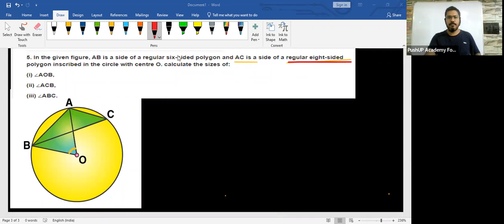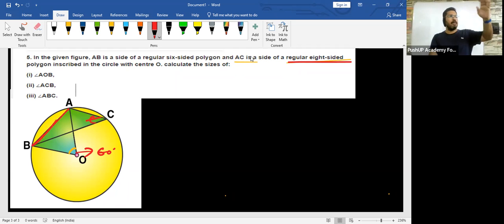Joel, 45, okay. So anyways, angle AOB is how much? The first one, AOB, 60 degree. Okay. So ACB will be, ACB is how much? How 45? It's a half of 60, no? It's 30 degree. Why?